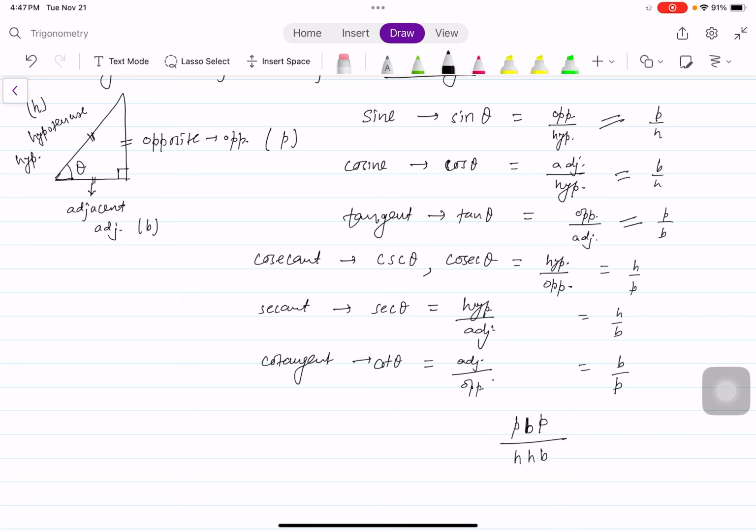So they remember only the first three, and the remaining are the reciprocals: first fraction, second fraction, and third fraction.